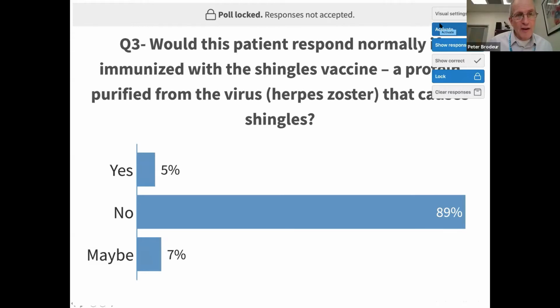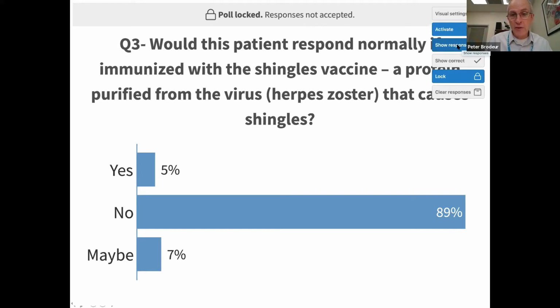Sure. So a patient that is immunized with just a pure protein is not going to make proper antibodies to the shingles vaccine if there's no T cell help. Remember, you need the CD4 help for B cells. So there wouldn't be a normal antibody response or a normal CD4 response in this patient.